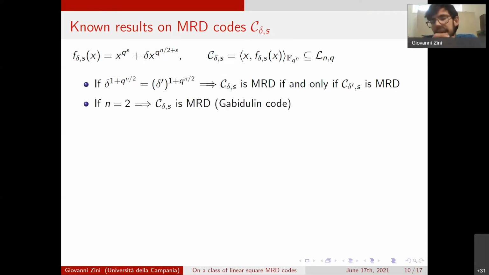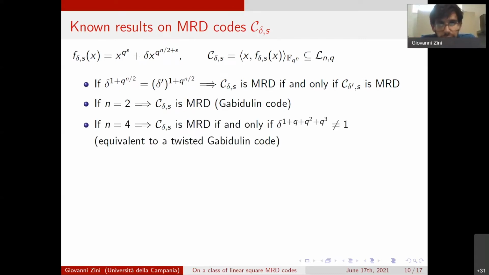Then the smallest cases are very easy, because for n equal 2, this is MRD, being a Gabidulin code. For n equal 4, this code is MRD if and only if the norm of delta over F_q is not 1. And it is easily seen that such MRD codes are equivalent to twisted Gabidulin codes.